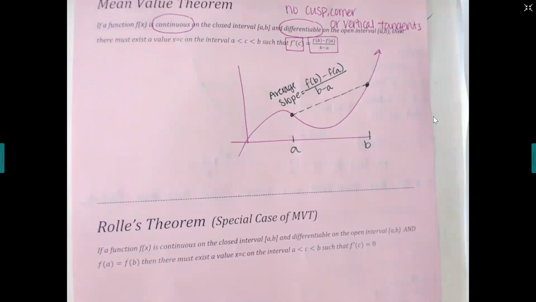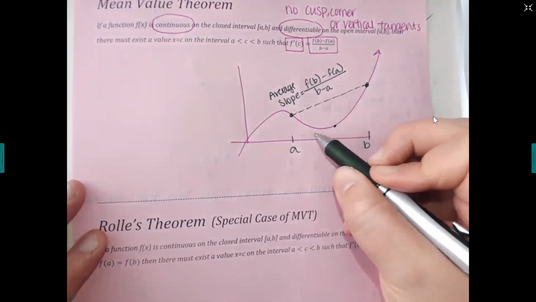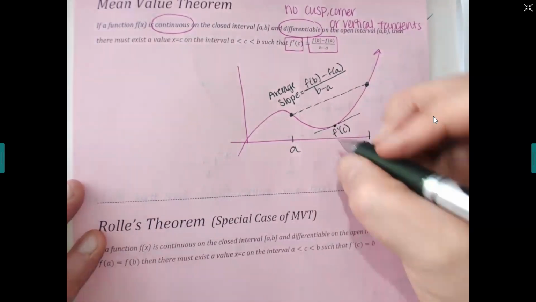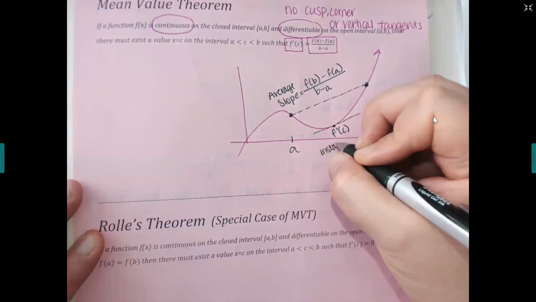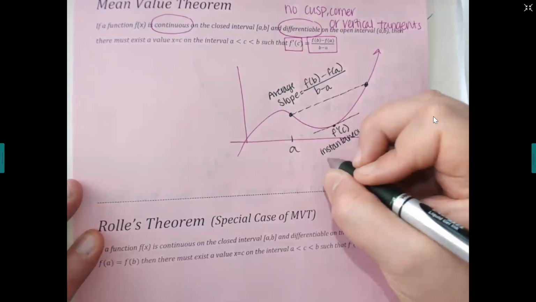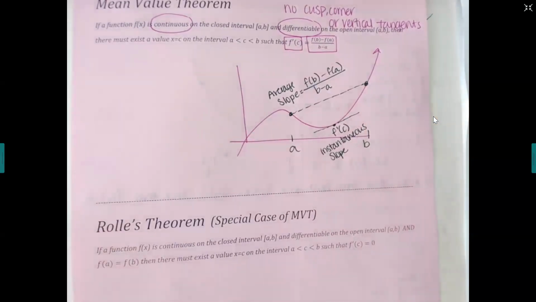Okay, so I'm going to estimate where it happens, maybe about right here, that my f prime of c, or my instantaneous rate of change, instantaneous slope, is equal to that exact same value. So whatever your average steepness is, your derivative has to equal that somewhere on that interval. Let's write your steps, then let's do an example.